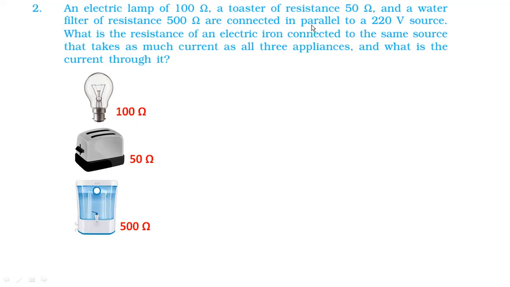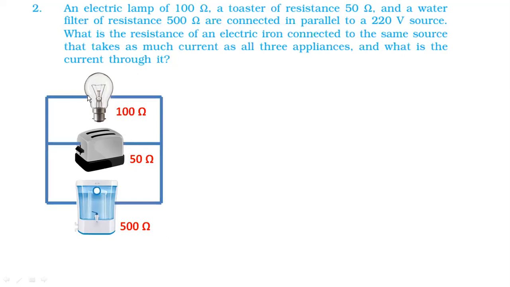After this, they are saying we have to connect them in parallel. Parallel means what? That their starting points should be connected to one another and ending points should also be connected to one another. So let me do that. So what I have done is I have connected their starting points because I want to connect them in parallel. In the question it is given. And they are asking connect these devices to how much voltage? 220 volt.